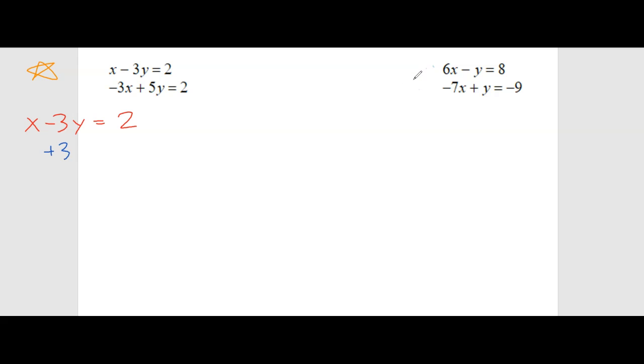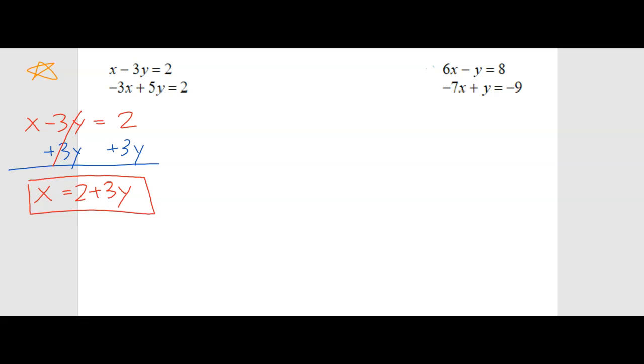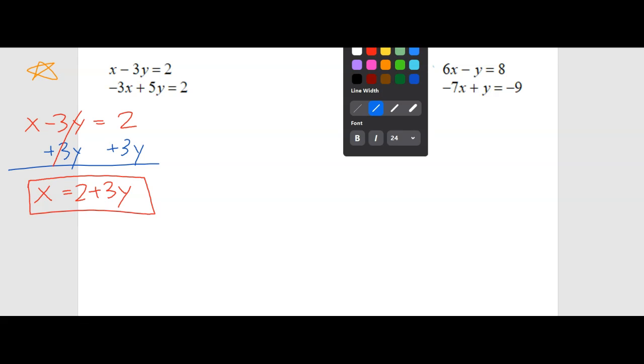I'm going to add 3y to both sides. And that's going to give me x is equal to 2 plus 3y. Now notice that with just one step, I have already solved the equation for x. So I could immediately do my substitution.